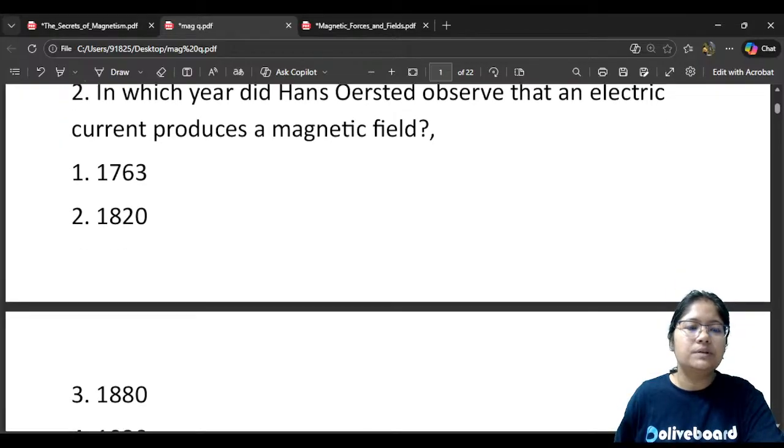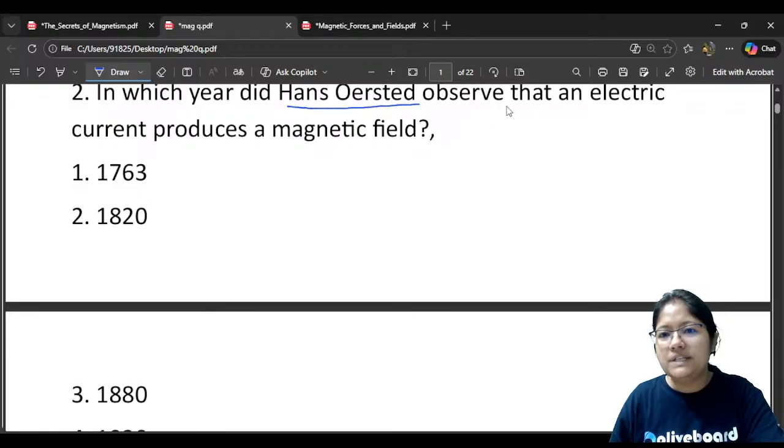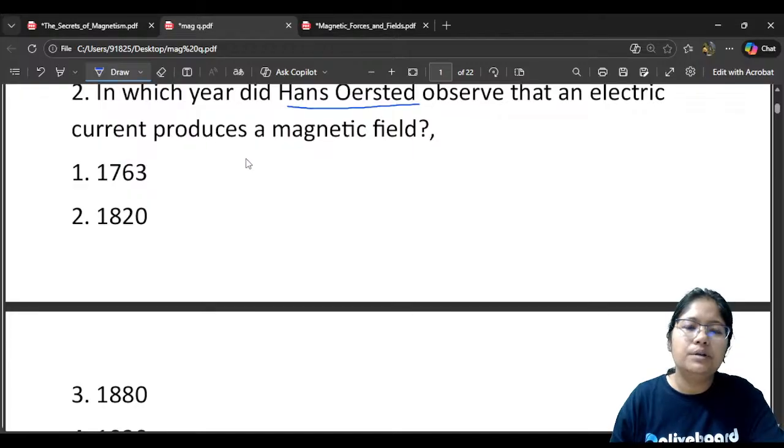The name of the person is more important, but in which year did Hans Ørsted observe that an electric current produces a magnetic field? Again, the name is more important. Who observed? Hence Ørsted observed. Okay, so in the year 1820.